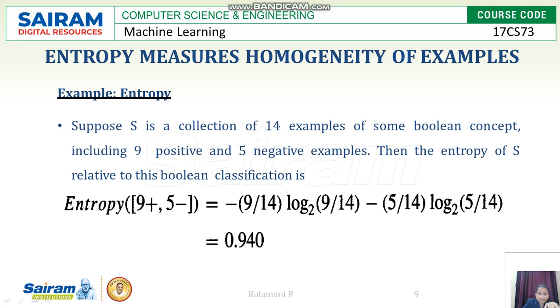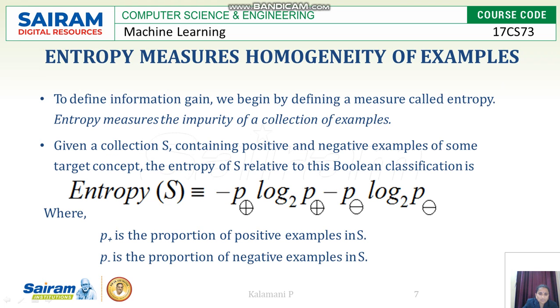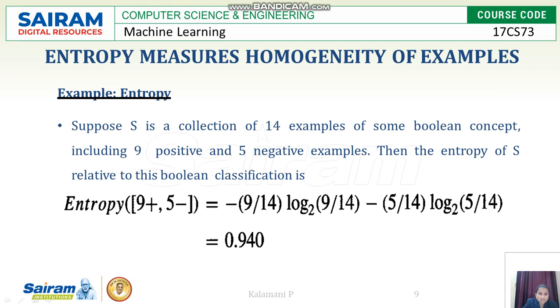Entropy of S relative to this Boolean classification is entropy of [9+, 5-], equal to, what is P plus? P plus is the proportion of positive examples. Here the proportion is 9 positive.